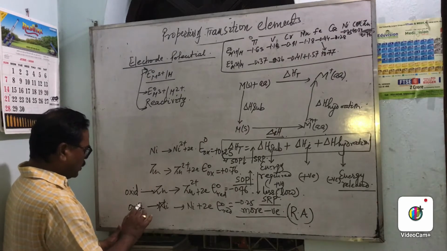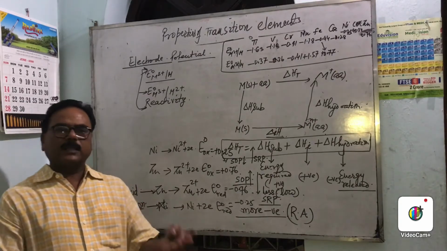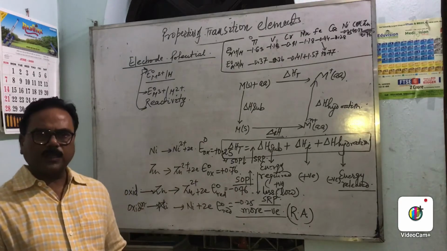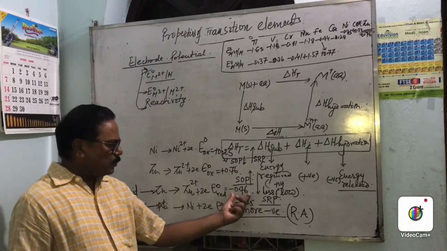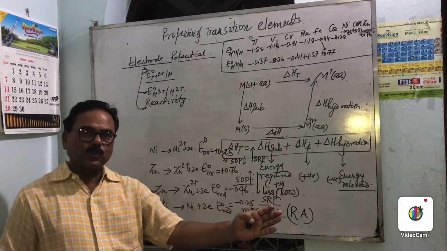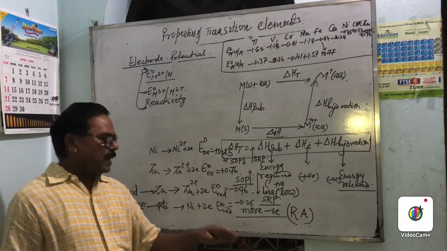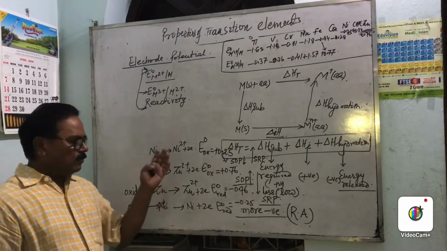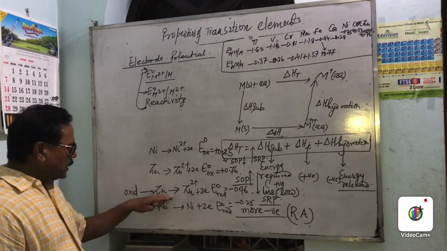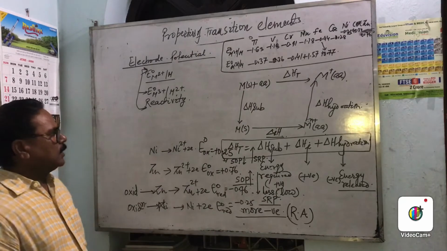Out of these two, which metal is more reactive? That can be decided on the basis of the reduction potential value. If the reduction potential value is lower, there is more tendency to lose electron, it will get oxidized, and that metal will act as a reducing agent. So zinc will act as a reducing agent here.